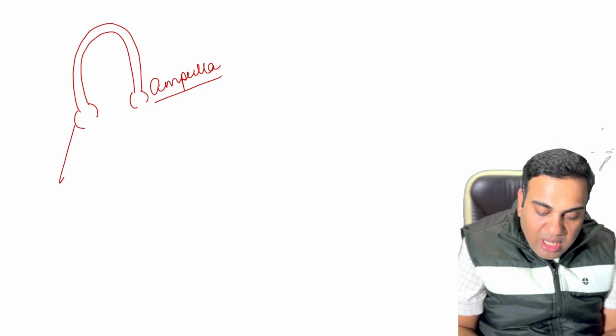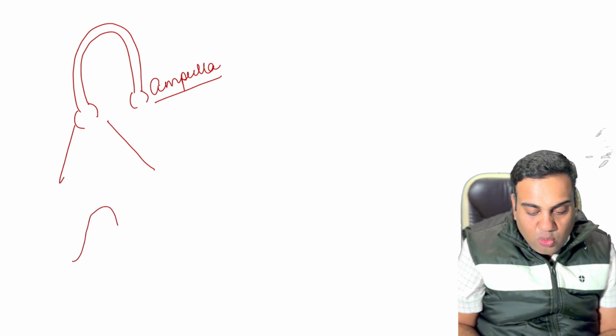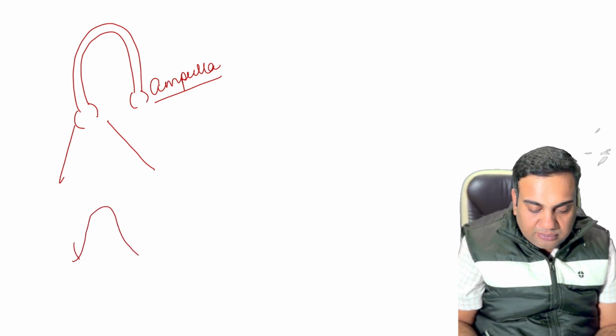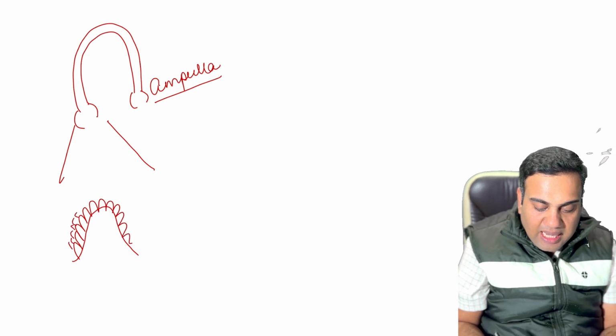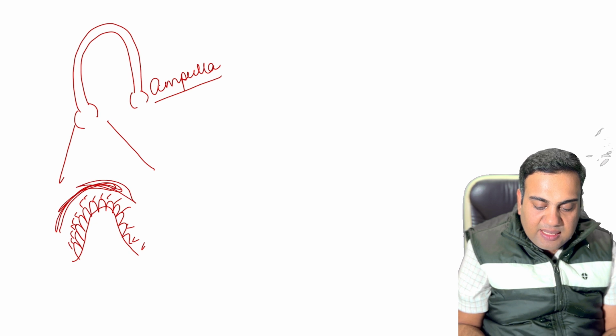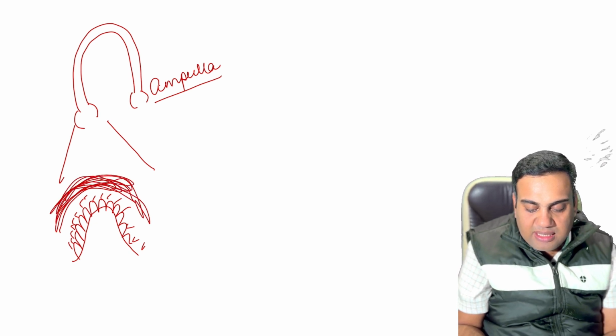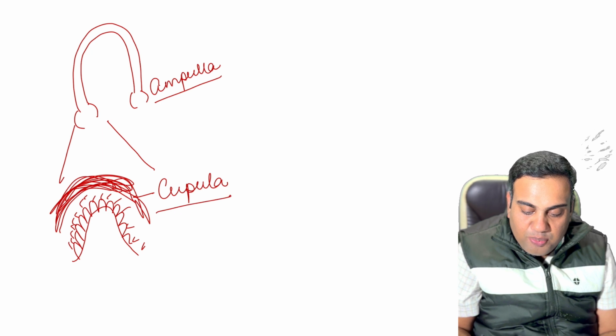Now this ampulla का अगर मैं ultrastructure देखूंगा तो यहां पे होते हैं हमारे खूब सारे हेयर सेल्स. There are a lot of hair cells on this ampulla, and there is a gelatinous material above it. This gelatinous material is called as the cupula.